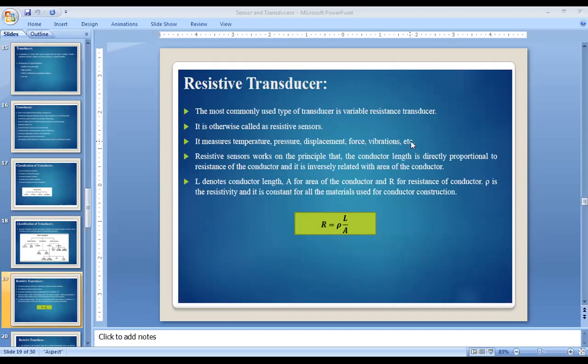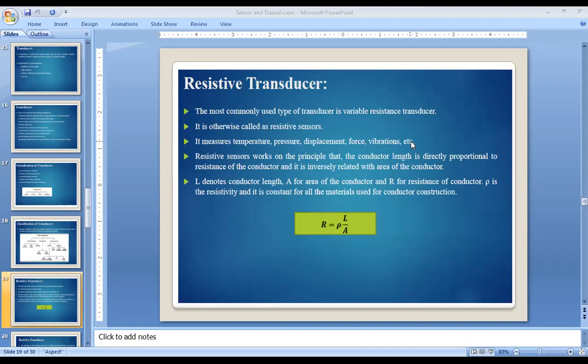The resistive type of transducer is used for the measurement of temperature. That means the resistance is dependent on the temperature. So R is equal to R naught into 1 plus alpha into (T minus T naught), where T is the temperature.